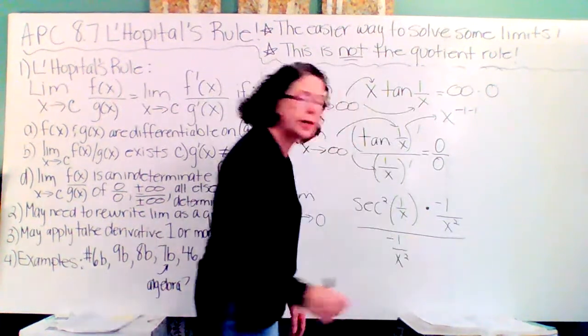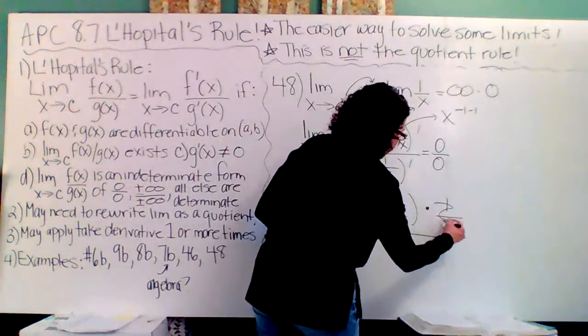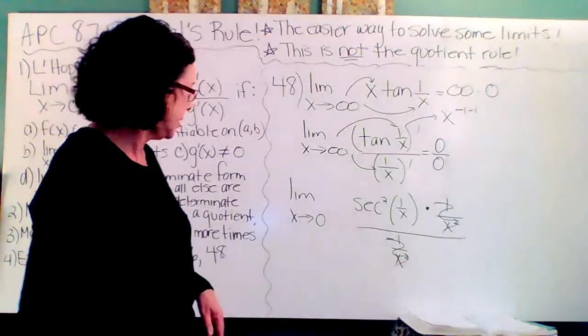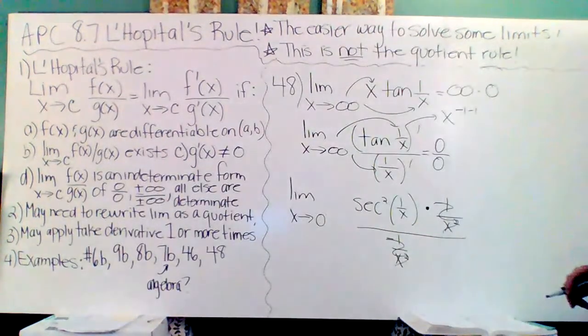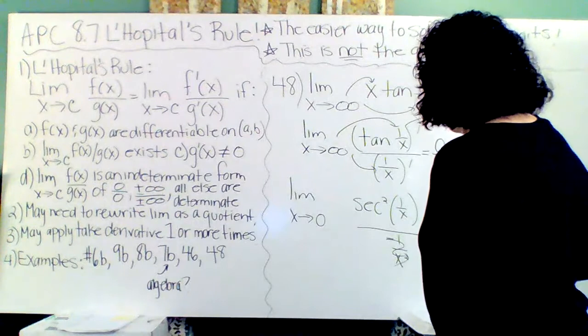So look what happens here. Notice that now the negative 1 over x squared cancels from the numerator and the denominator. So now I'm just trying to evaluate secant squared of 1 over x. Okay, so let's try that.